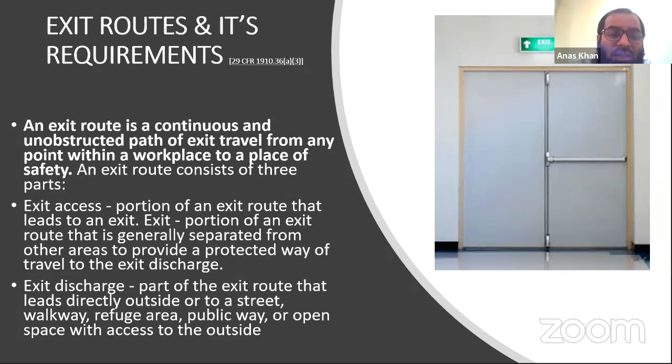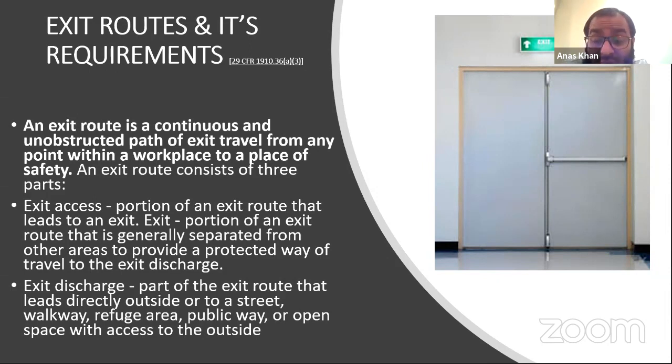So the exit discharge is the area which is outside. The difference between exit and exit discharge: when we are at the exit, we are unsafe; when we are at the exit discharge, we are safe. This is the portion which makes the difference between safe and unsafe.